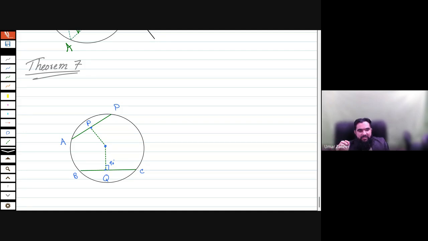If you are going to be making a perpendicular from the center on BC, the property is it is going to be divided into two equal parts. The first thing, PQ and QC. And second thing is, if OP and OQ are equal, it is given, so we can conclude that AD is equal to BC.